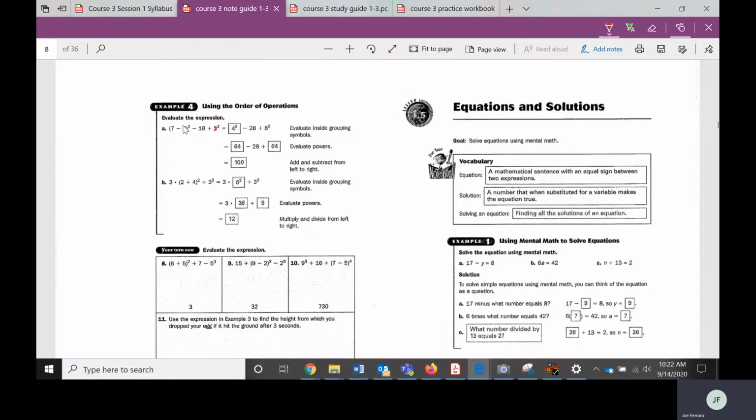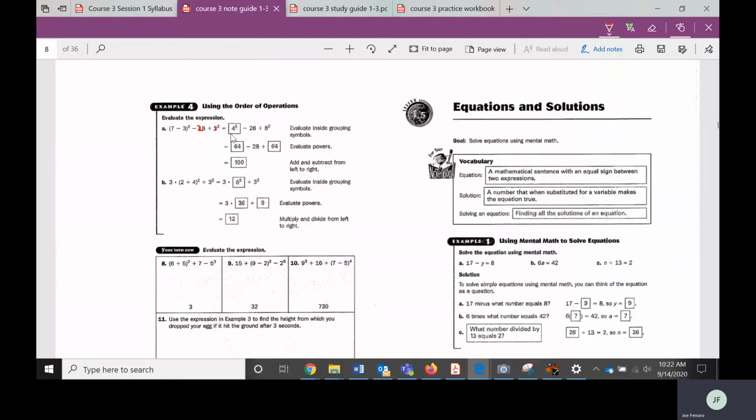So we first start with parentheses. Well, they made a lot of mistakes here. Looks like over here, this should be a 28. So just a bad example, but anyways, we'll go through it with 28 here and 8 there. So do parentheses first. 7 minus 3 is 4.